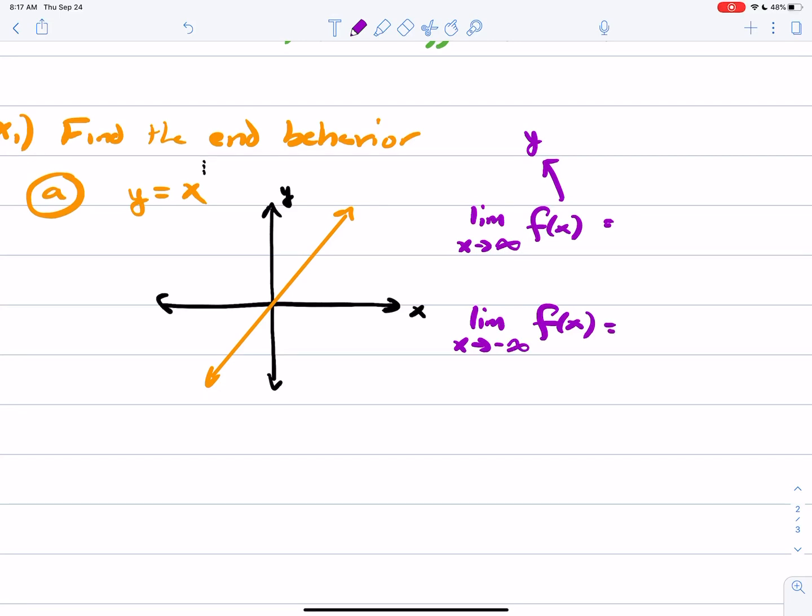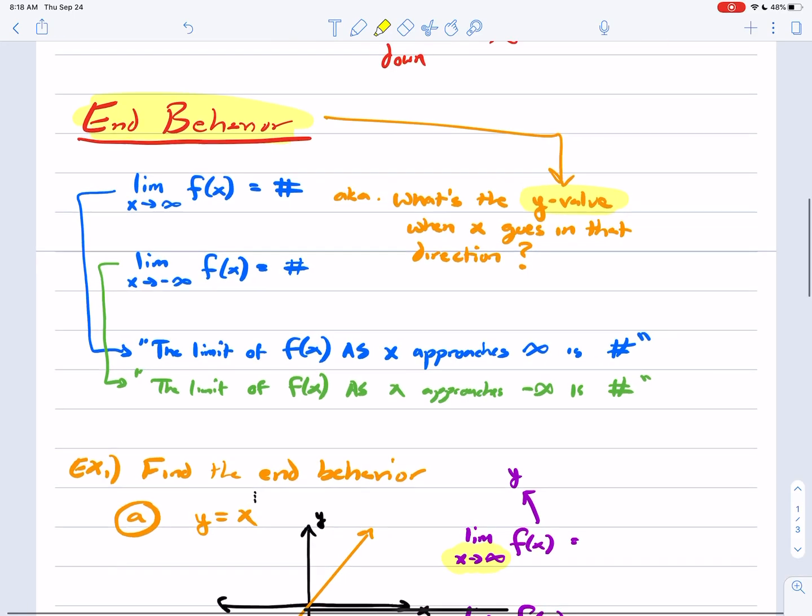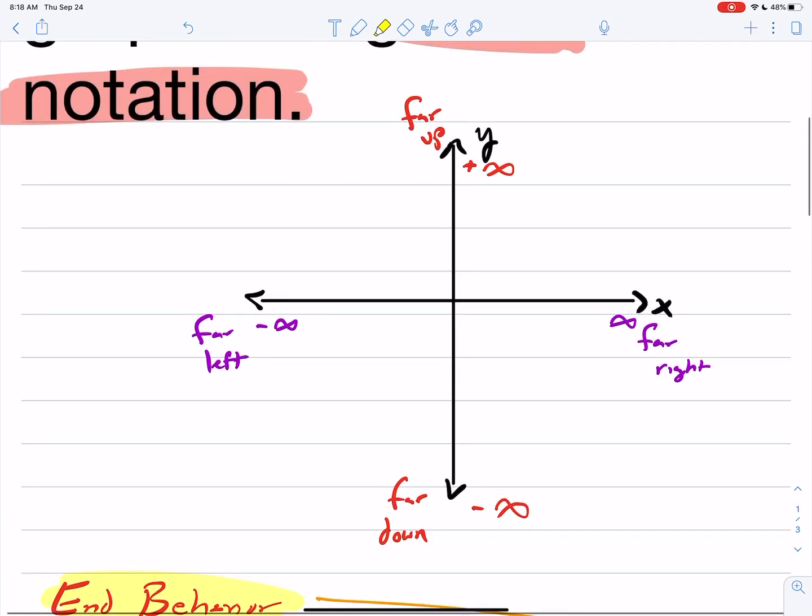I want you to imagine it like this. Here, x is approaching infinity. So let's go back to what we had at the beginning. If x is approaching infinity, we're going to the far right. x can only go in two directions: either far left or far right.